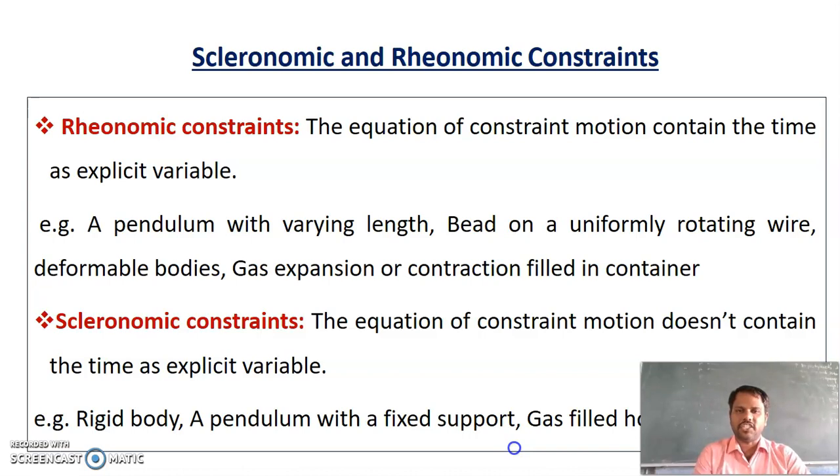Rheonomic constraint. If the constraint motion equation contains time as an explicit variable, we call it a rheonomic constraint. Example number 1, a simple pendulum with varying length.